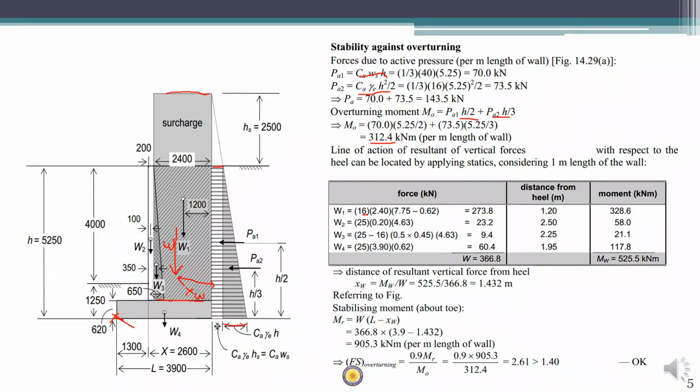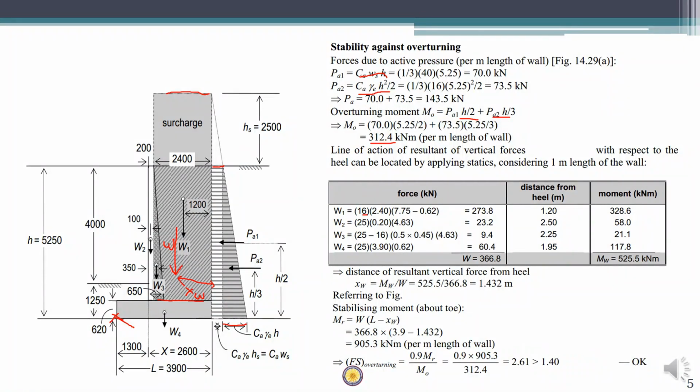So what we have to do is, it is static analysis actually. We have different forces acting at different centroids, so find out the total weight's distance. The resultant will be w1 into x1 plus w2 into x2 plus w3 into x3 plus w4 into x4, whole divided by total w.